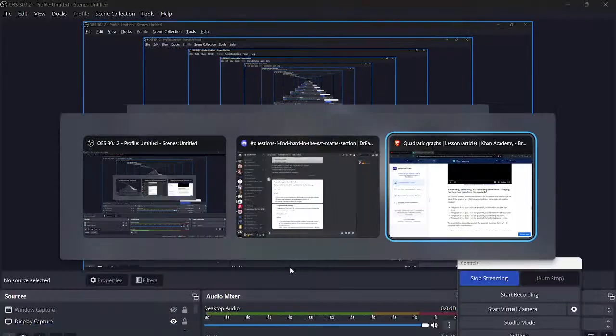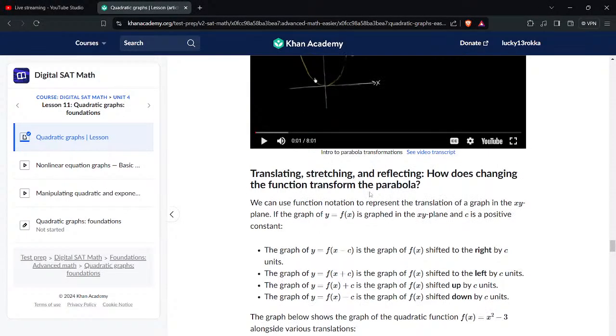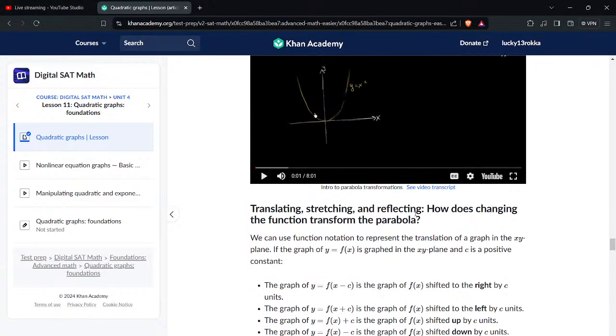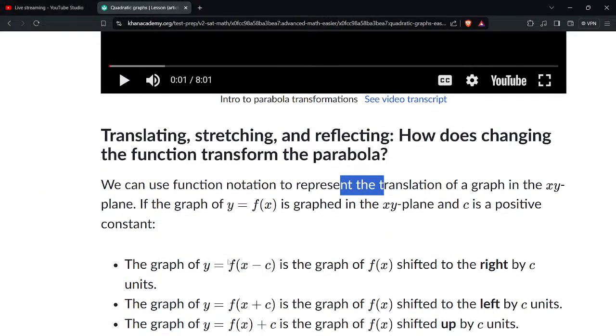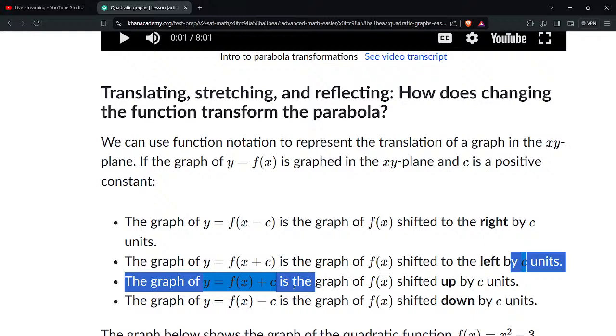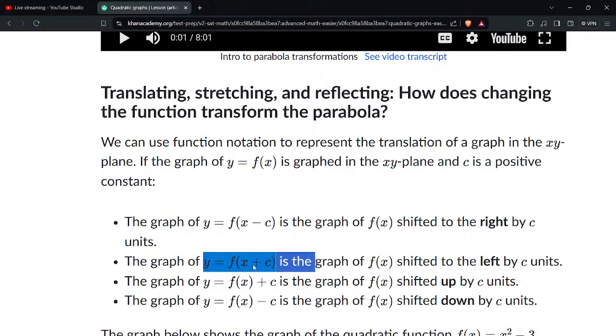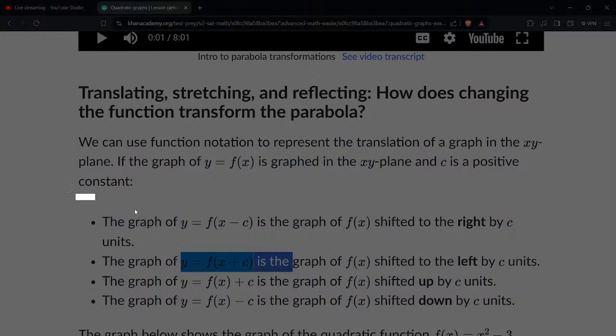Okay. Translating, stretching, reflecting, or changing the function, transform the variable. The first is the graph of f(x minus c) is the graph of f(x) shifted to the right. Okay, f(x plus c) is just to the left. So the inside and the outside of the graph. Okay, so this is important.